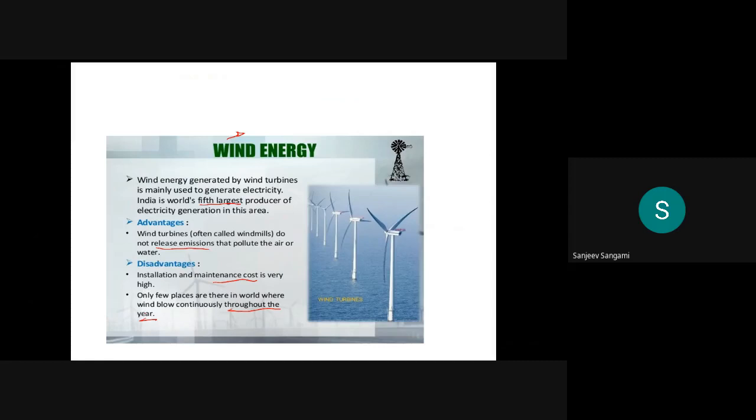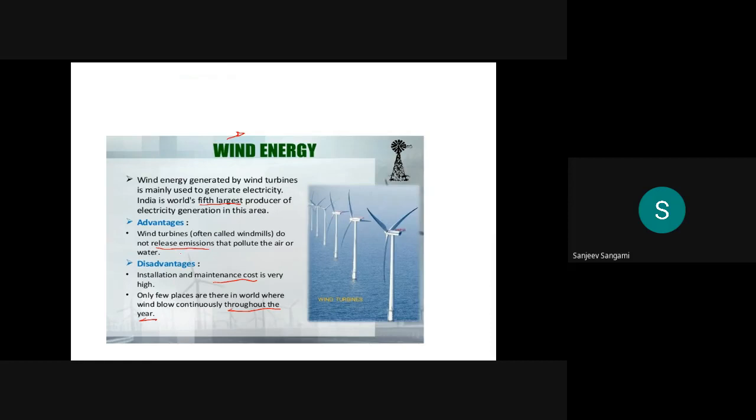Next comes the wind energy, which we also discussed. India is the fifth largest producer of electricity generation with wind. Of course, the wind energy is generated with the help of wind turbines, which do not release emissions.